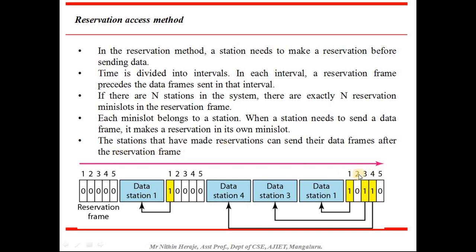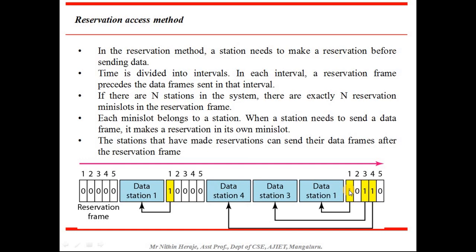If you look at this reservation frame, there are 5 slots reserved here, for stations 1, 2, 3, 4, 5, and you can see that something is highlighted in yellow and the bit is set to 1. Usually the bit is initialized to 0, which means none of the stations want to send data.